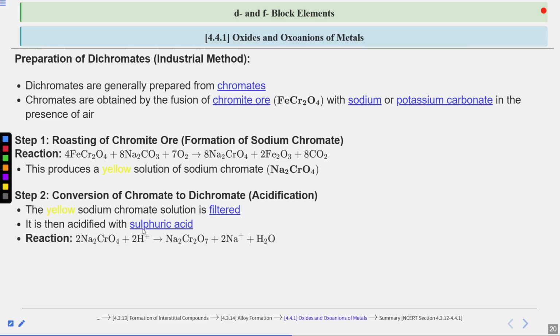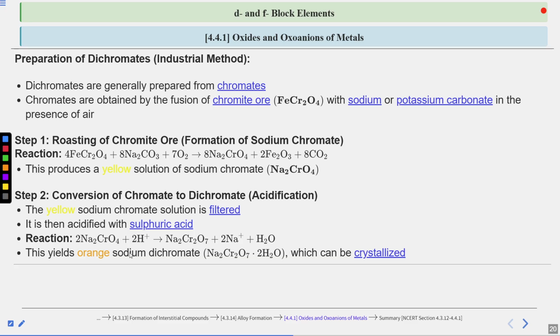The reaction involves 2Na2CrO4 plus 2 protons giving Na2Cr2O7 plus 2Na+ plus a water molecule, and this yields orange sodium dichromate, Na2Cr2O7.2H2O, which can be crystallized. So the yellow color solution of sodium chromate changed to the orange sodium dichromate, which can be crystallized.